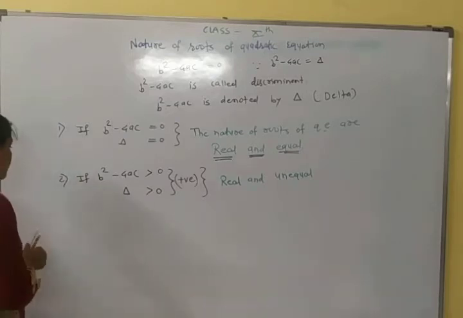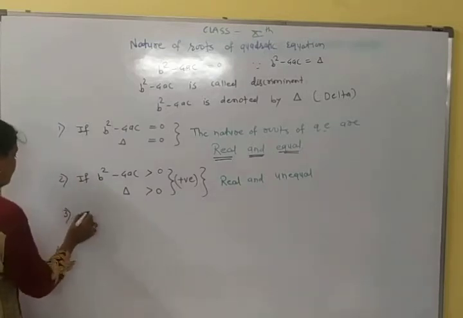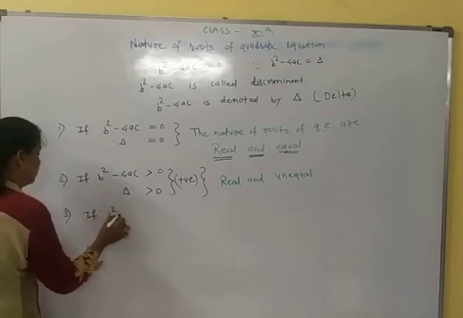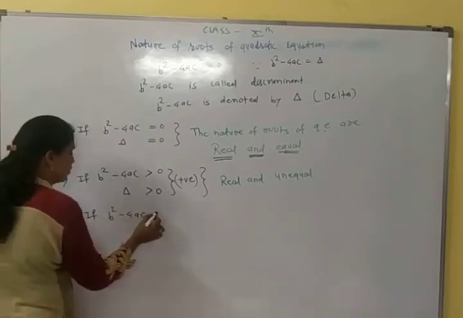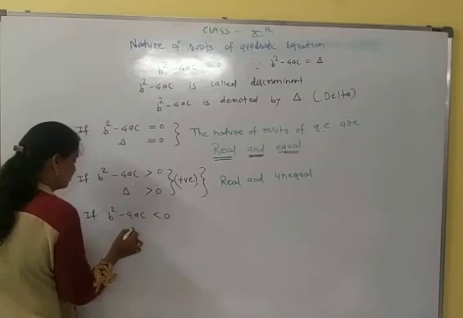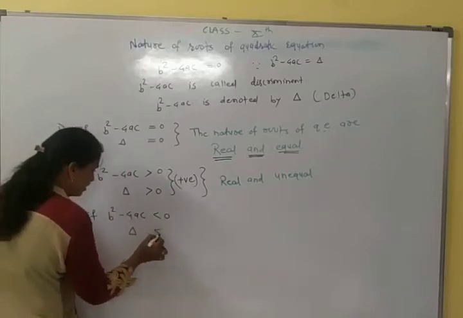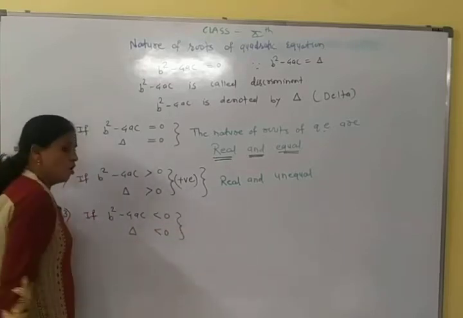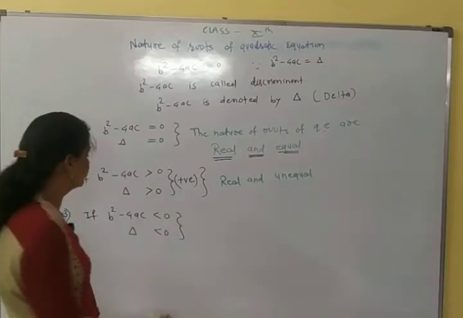Third nature is if b square minus 4ac less than 0, means delta less than 0. All negative values are less than 0.